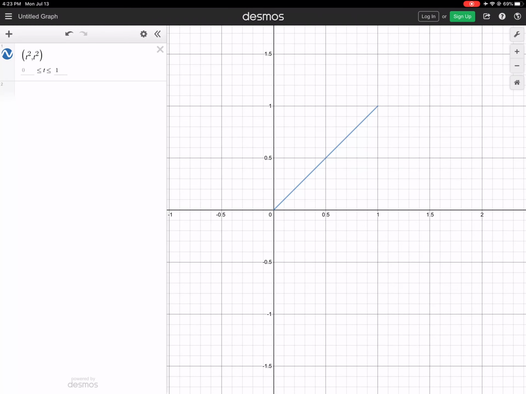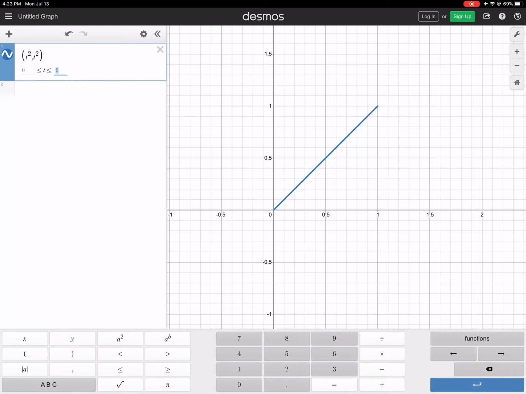We have squared on both of them. But you see, t squared in the x-coordinate and t squared in the y-coordinate are increasing at the same rate. So essentially we have x equal to y. And that is exactly what we have with this line. This is the line y equals x.